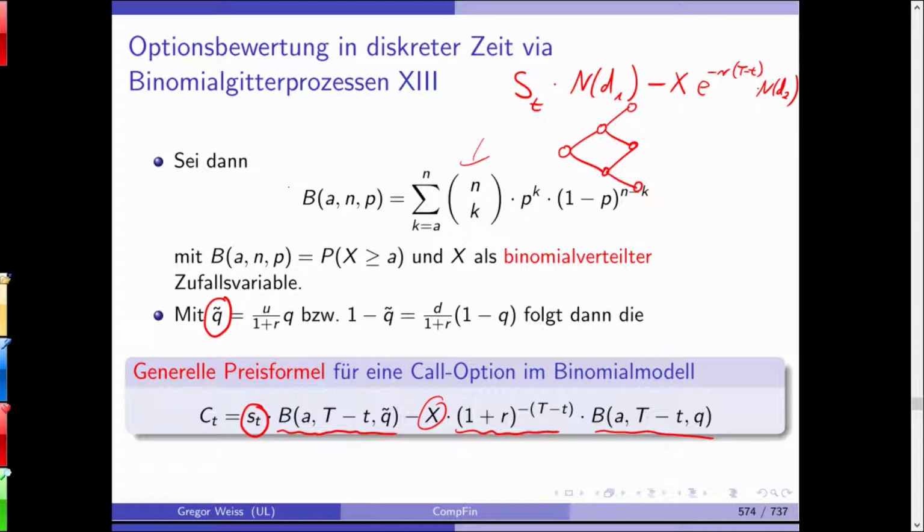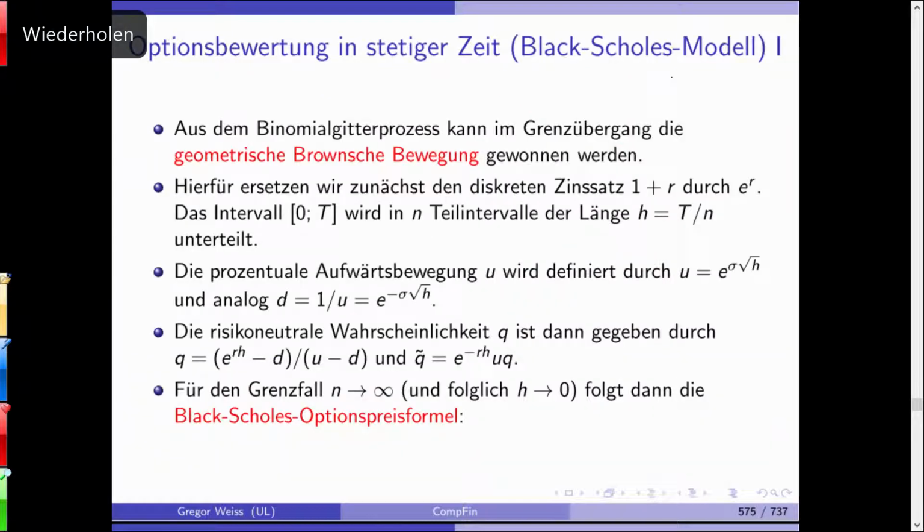Und deswegen überrascht es jetzt auch nicht, dass letztlich die Struktur exakt die gleiche ist, nur anstatt der Binomialverteilung haben Sie oben die Normalverteilung und anstatt des diskreten Diskontierungsfaktors haben Sie hier einen stetigen Diskontierungsfaktor. Das ist alles. Alles andere ist gleich. Ne? Also letztlich die Modelle sind quasi identisch oder äquivalent. Okay.